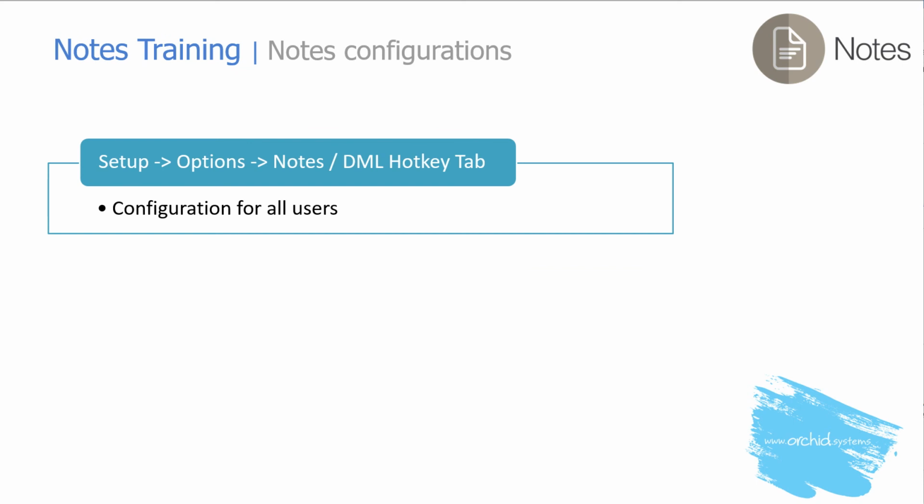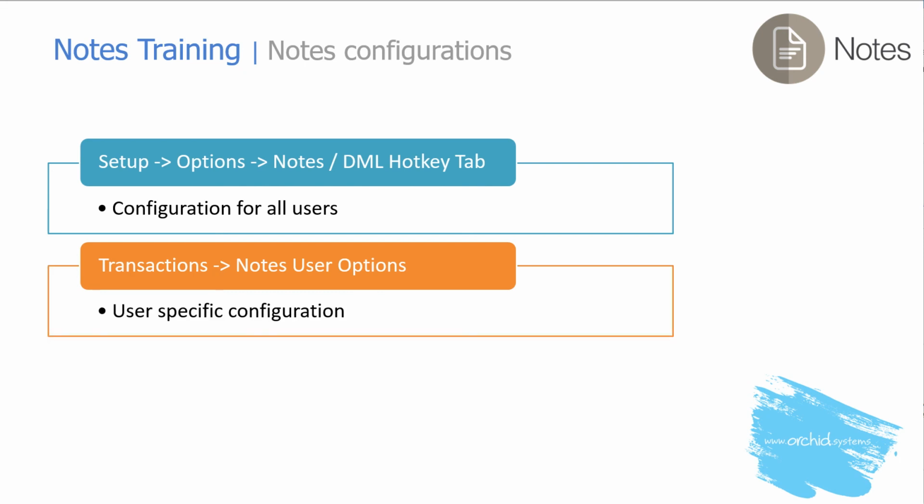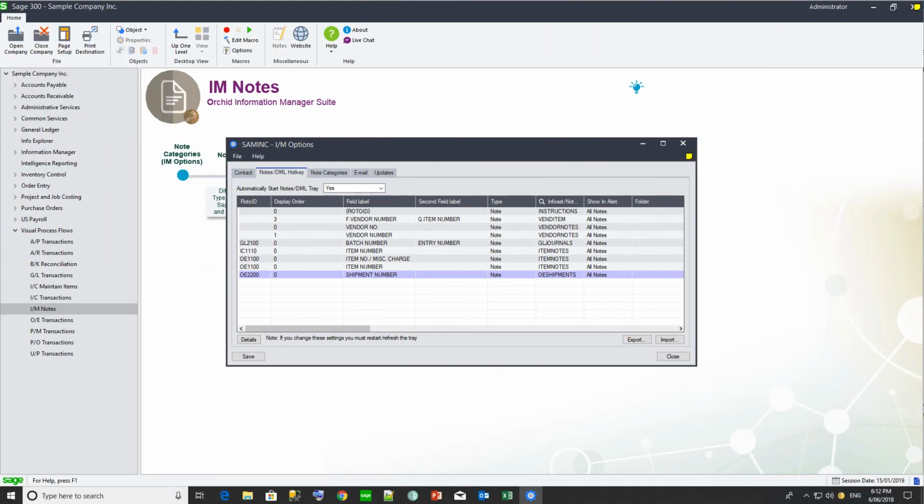So far, all the setup we've been doing in the Options Notes DML hotkey tab is configuration for all users. But you can use the Transactions Note User options to override these configuration settings in the setup area and do user-specific configuration. All the configuration rows in the IM options refer to all users, as does the Start Tray icon when you log in.